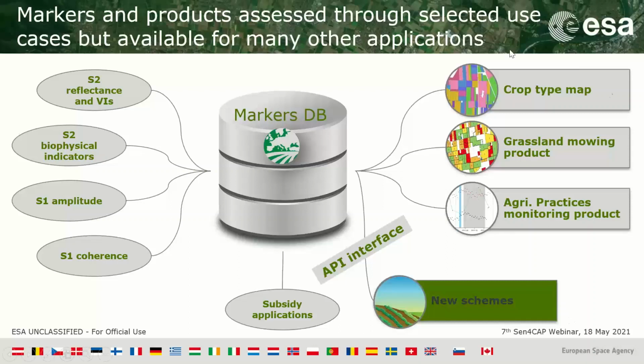So this is what we do for our Sen4CAP product, but this markers database is also accessible through an API interface, so that every user can develop their own application just using these markers at the level of the parcel. So this is a really important component, because you don't have to restart from scratch. Even if you are not interested in the crop type map, you can find some interest in the database.